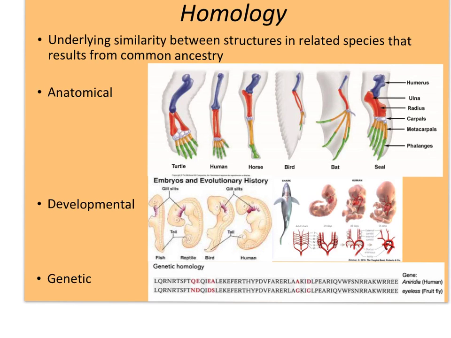So if you look on the bottom here, or in the middle, this is a fish, this is a reptile, this is a bird, and this is a human, right? They all share the same developmental stages.